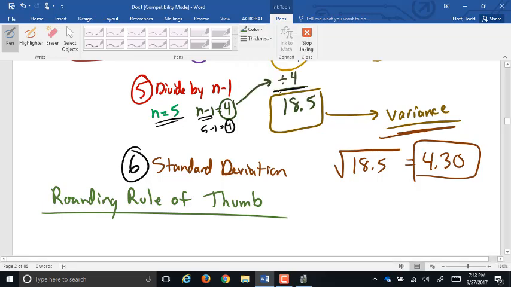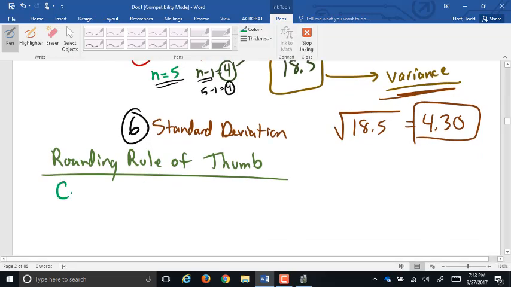for measures of center, that'd be like the mean and the median, you round to 1 digit beyond the data. What does that mean? Well, our data here was all whole numbers.